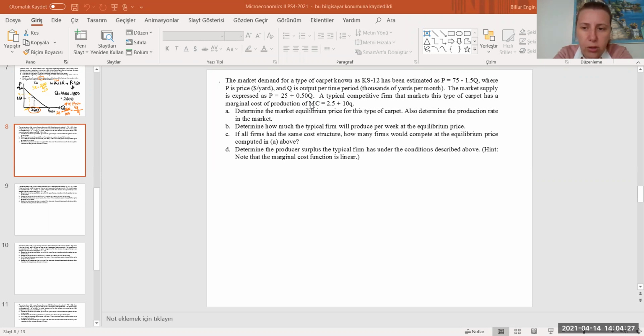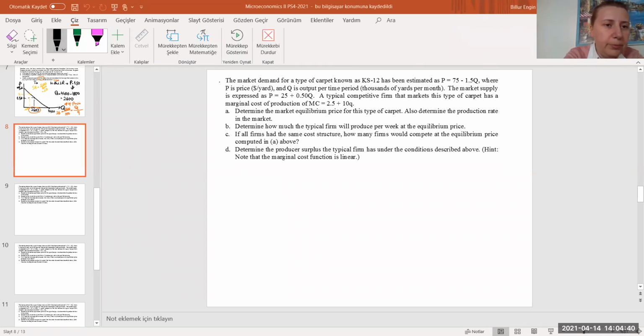Question A says, determine the market equilibrium price for this type of carpet. Also determine the production rate in the market. P and Q are asked in the first question.